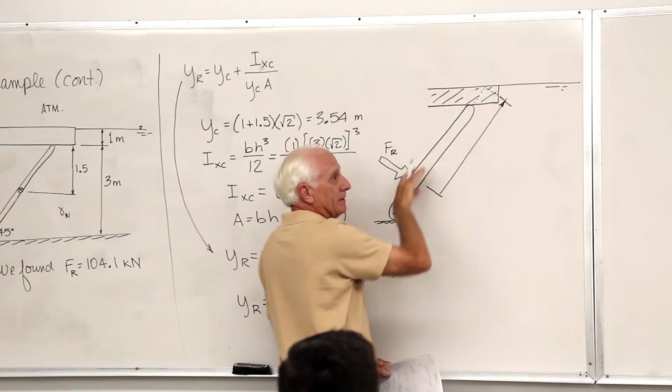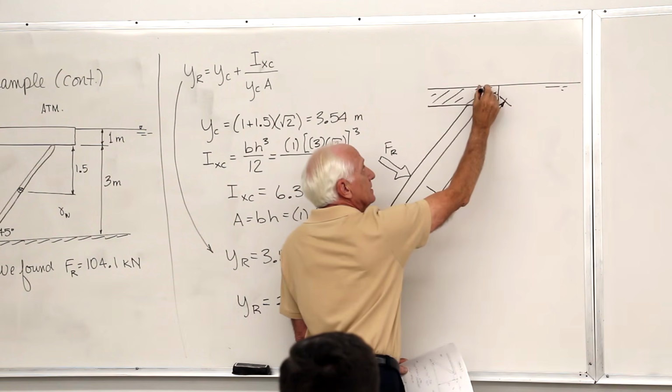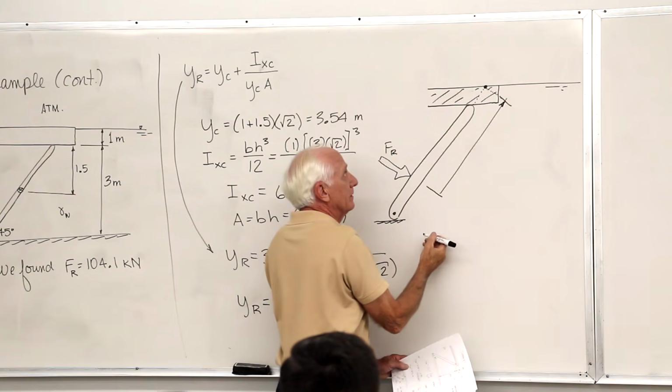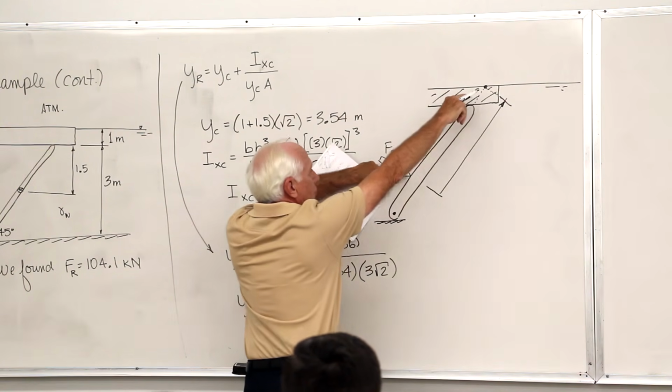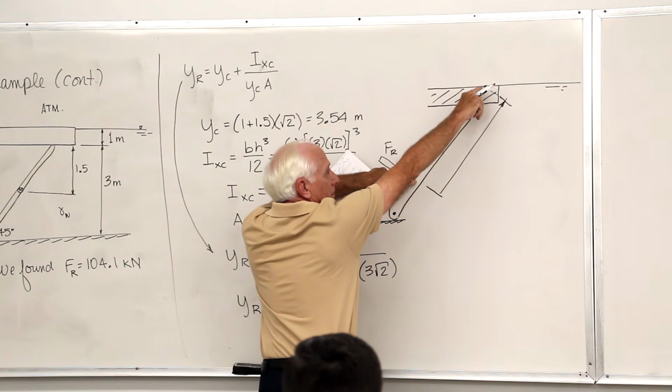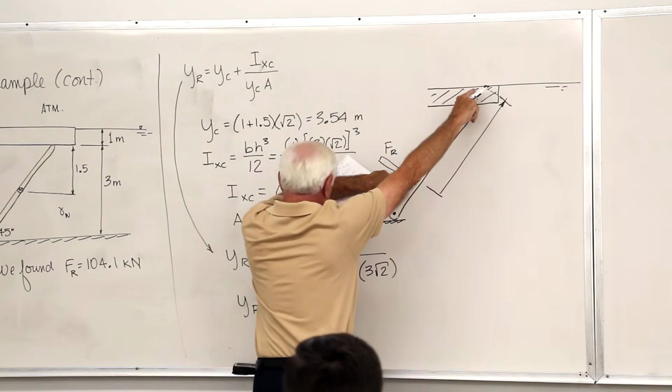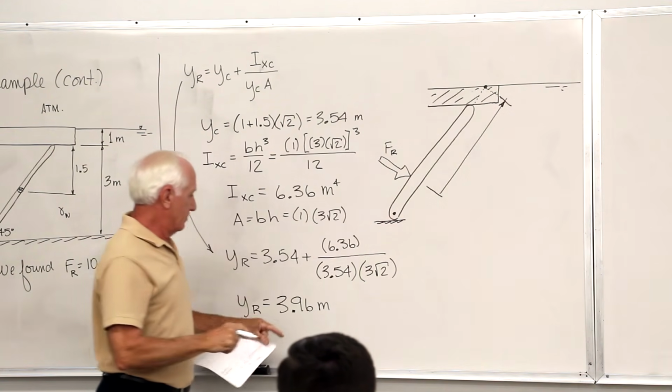Okay, here's the incline, where the incline meets the top surface, right there. So the distance from my finger to my finger is y sub r, 3.96.